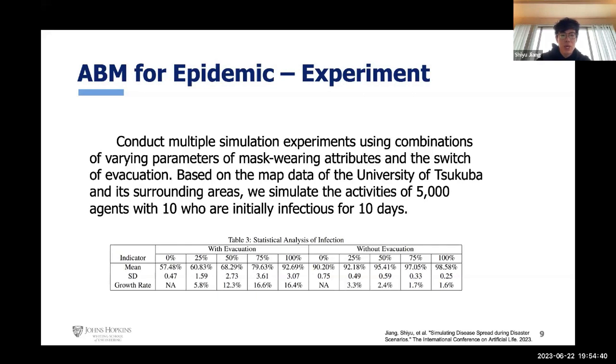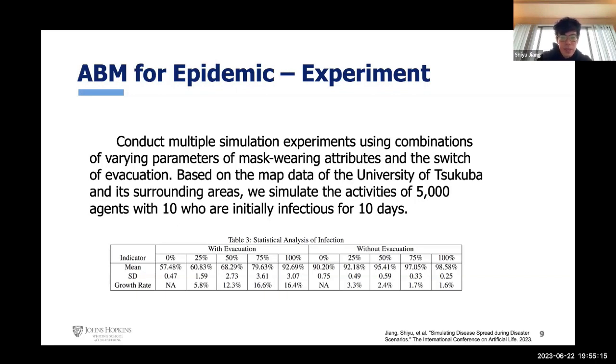So now we already have these modules, and we wanted to do the experiment. Basically we are conducting multiple simulation experiments using combinations of varying parameters of mask wearing attributes and the switch of evacuation. Based on the map data of University of Tsukuba in Japan, our collaborator, and its surrounding areas, we simulate the activities of 5,000 agents with 10 initially infectious for 10 days. We put 10 infectious agents into this population and let them infect others during their routine activities.